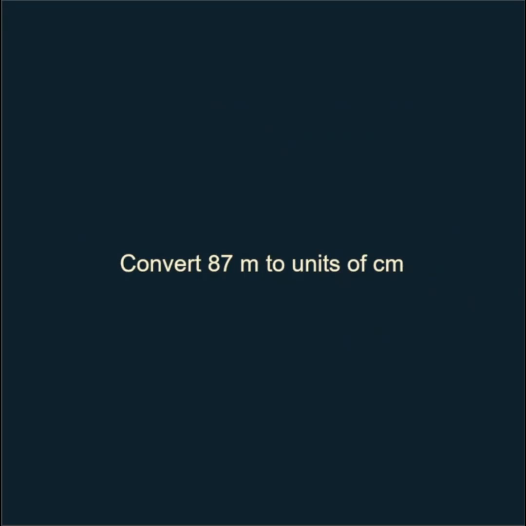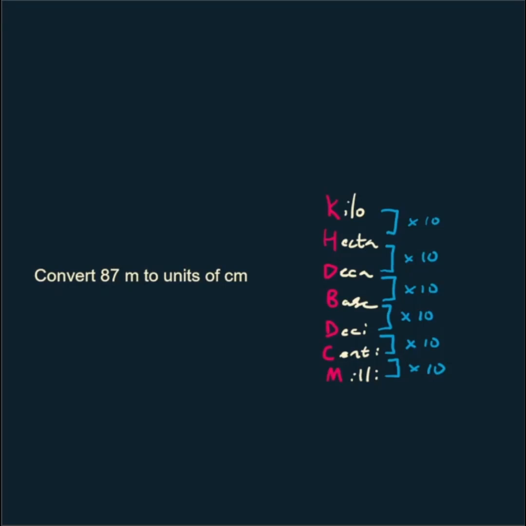Here's another problem, going from meters to centimeters. The first step is to identify the 2 units, which are base and centimeters. Again, base is no prefix. The difference between these units is a factor of 2 tens. To figure out our factor value, we multiply these tens with each other.